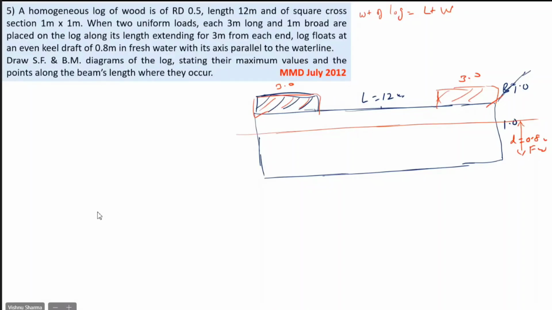Will the weight of the log be light displacement? Yes, sir. Okay. The two UDLs at the ends, they are like cargo weight. Yes or no? This 1 and 2, they are like the cargoes on the ship.